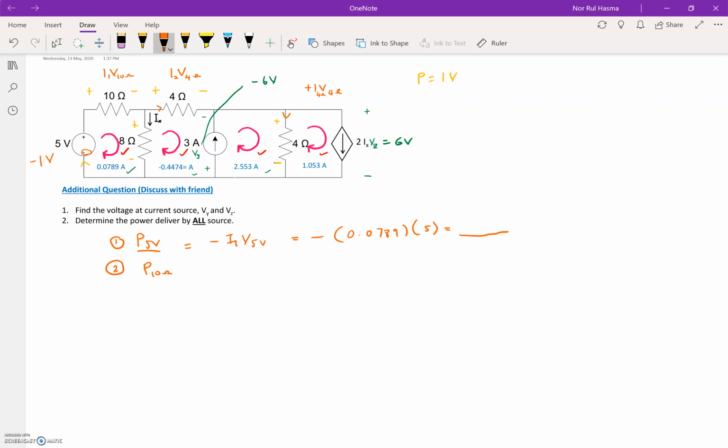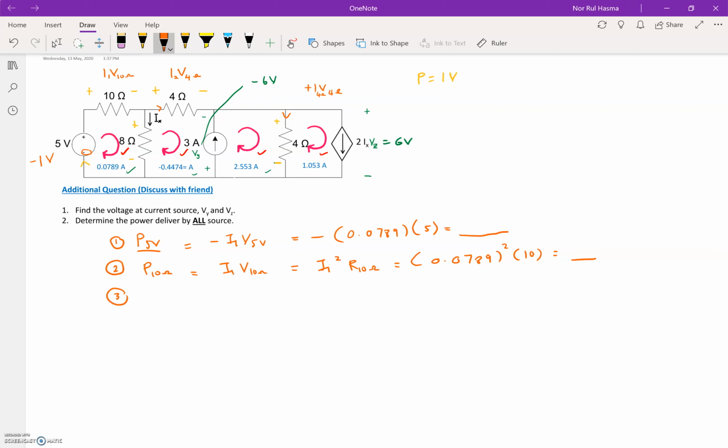Number 2, P at 10 ohm, which is I1 times the V 10 ohm, so equal to I1 squared R 10 ohm, equal to 0.0789 squared times 10.